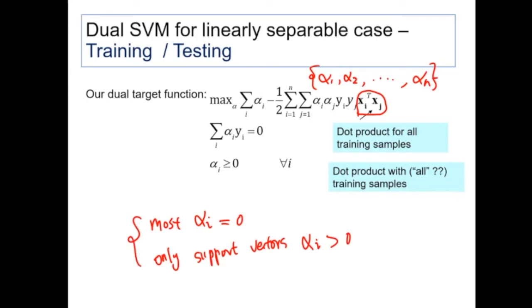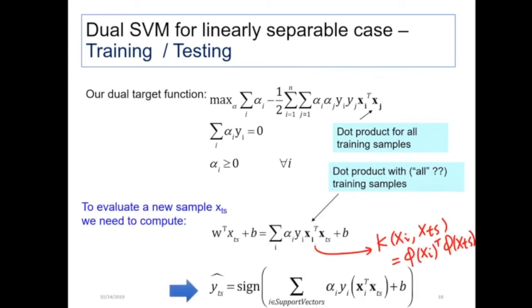There's a good reason why this is good. During the testing phase, this is a summation of alpha i y i times the inner product. If alpha i is 0, you don't need to calculate it at all.